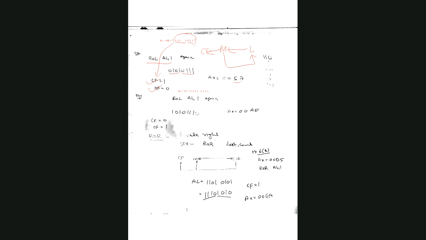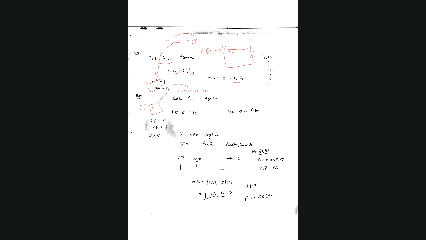Now for this solution, for A5, a third time I am doing AL comma 1. We know that the carry flag is already 1. So now the carry flag value from previously is initially 1. If I do AL comma 1 again, the MSB will go into the carry flag.